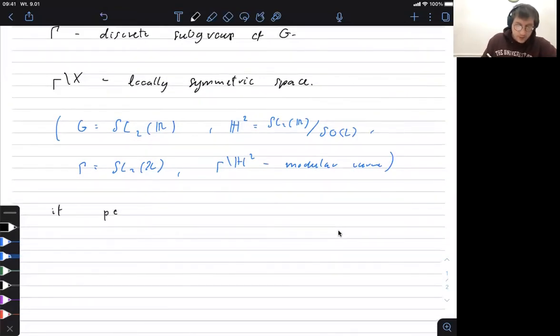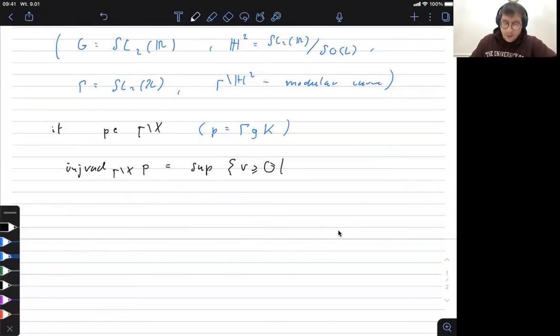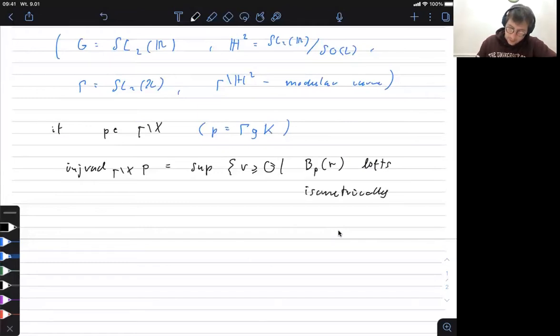If p is a point in the locally symmetric space X mod gamma, so p is a left coset of gamma and right coset of K, then I define the injectivity radius of this space X mod gamma at the point p as the supremum over all r non-negative such that the ball of radius r around the point p, denoted B(p, r), lifts isometrically to the universal cover, so to X.